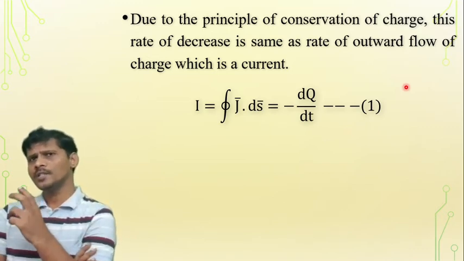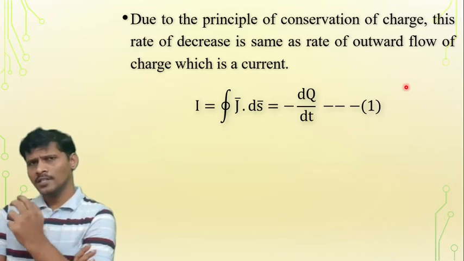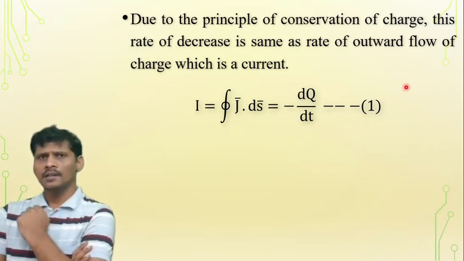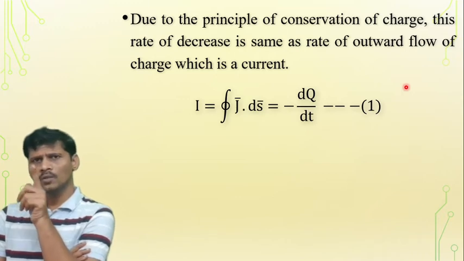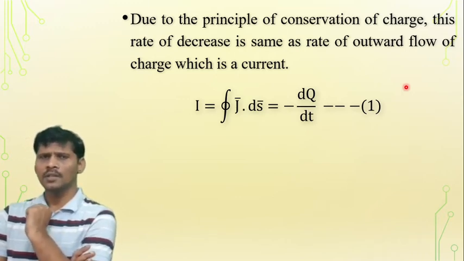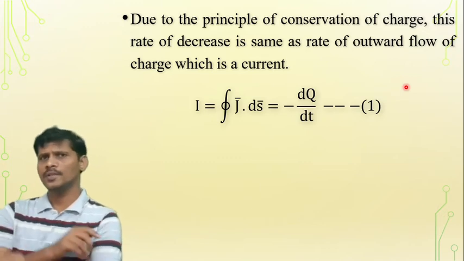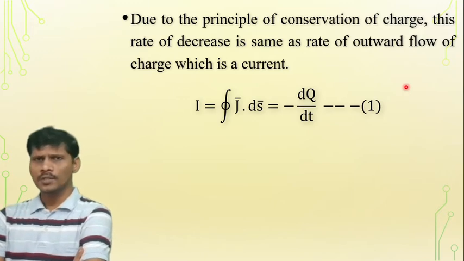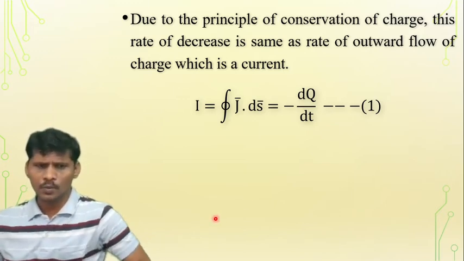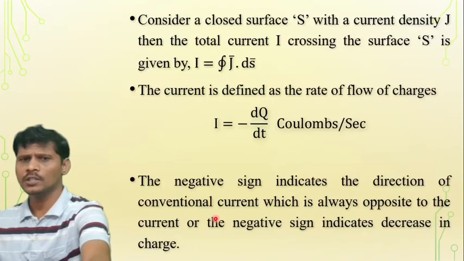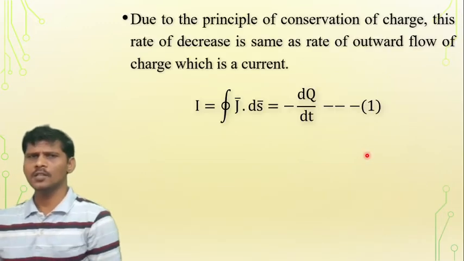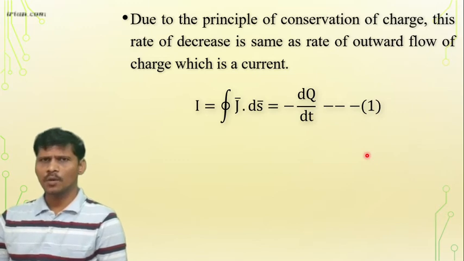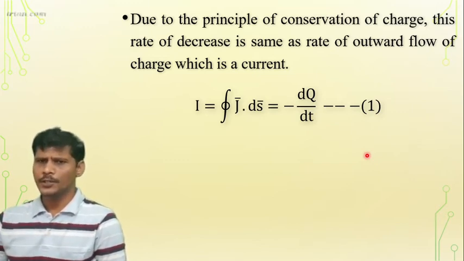So what is the current definition? The current definition is I is equal to minus dq by dt. Consider any closed surface with current density J bar; then the total current crossing through the surface is defined as I is equal to the surface integral of J bar dot ds bar. From these two equations, due to the principle of conservation of charges, we can write I is equal to the closed surface integral of J bar dot ds bar is equal to minus dq by dt.